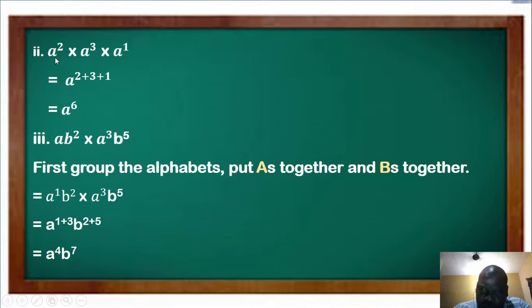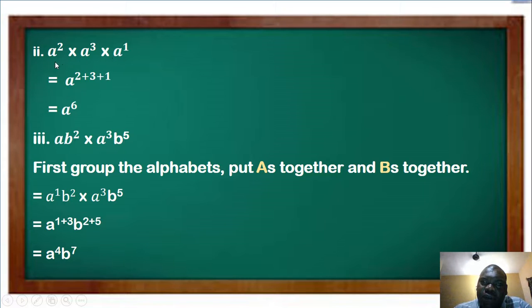Another example: a raised to power 2 times a raised to power 3 times a raised to power 1. We can also consider the bases. The bases are all the same for the three figures here.